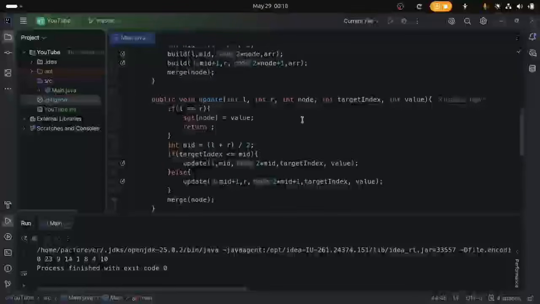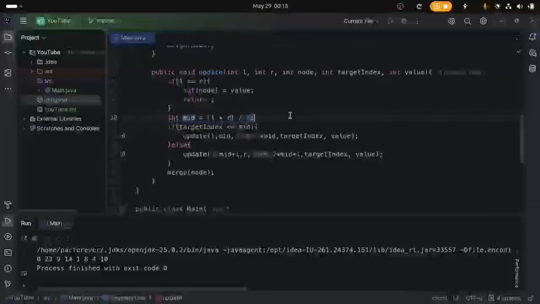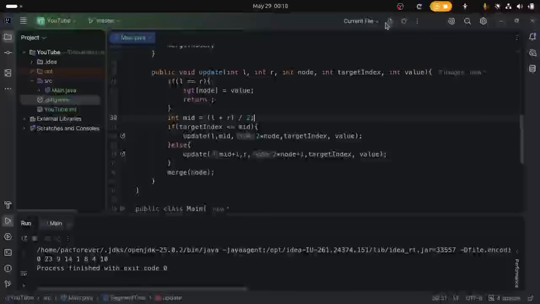So let's debug this code. L equals to R, sgt of node equals to my value, and I just return from there. I calculate the mid, I compare my target index with mid. So L mid 2 times, not mid, it's 2 times node. So this is the way you should also debug your code.